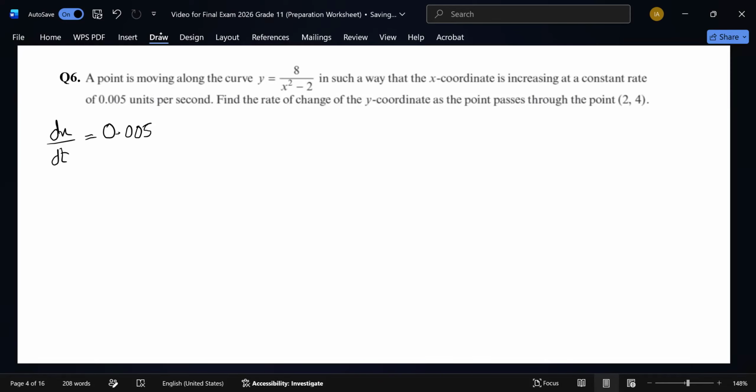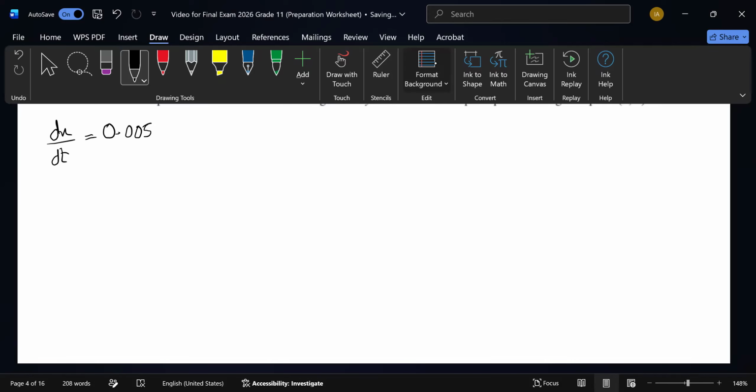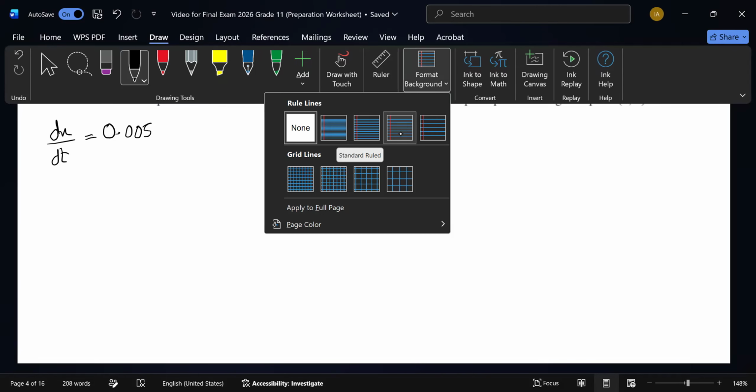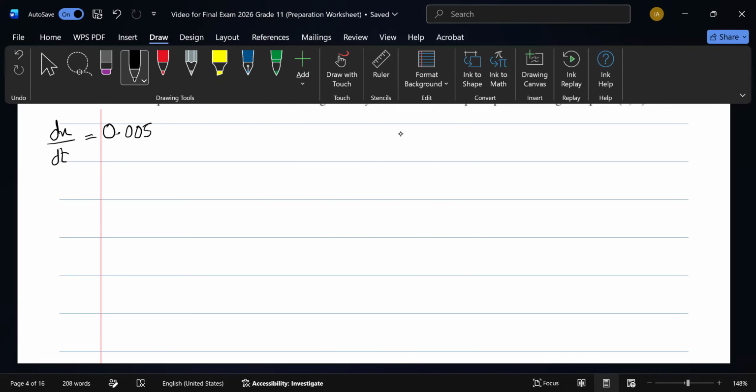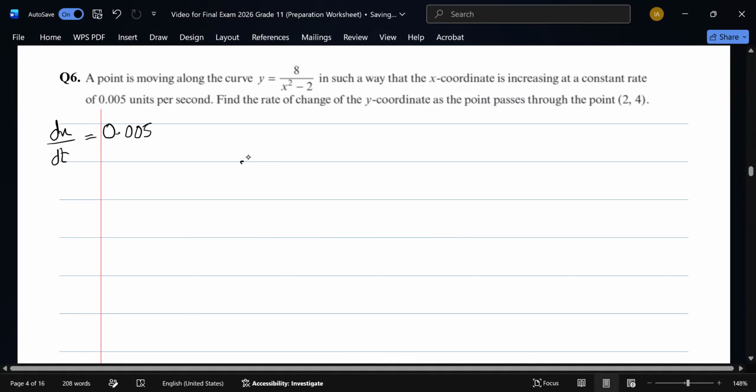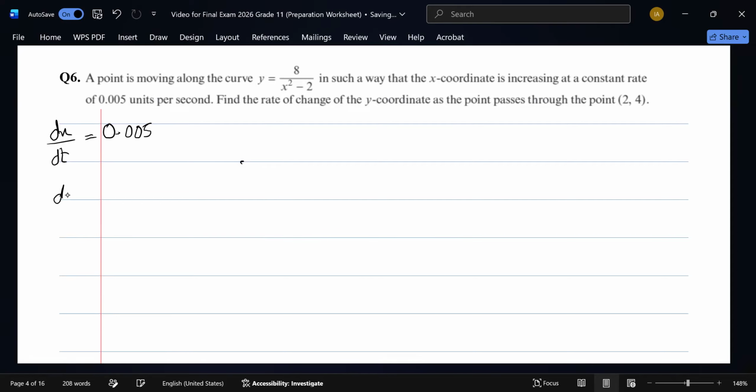Now we have dx upon dt given, and they ask you to find the rate of change of y, means they are looking for dy upon dt. But if you look at this equation, there is no connection to time in this equation at all. That's why we decided to use the chain rule.